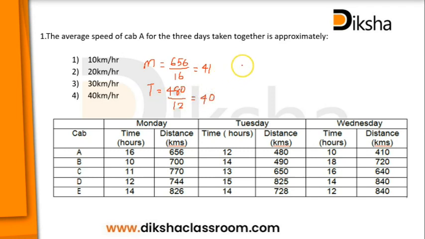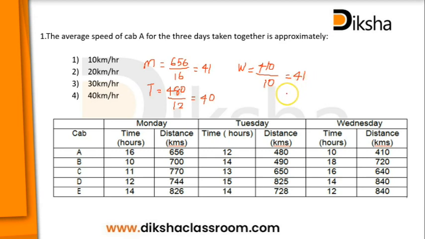Again for Wednesday, speed equal to distance by time, 410 by 10, that is equal to 41. So 41, 40 and 41 are the speeds on Monday, Tuesday and Wednesday.